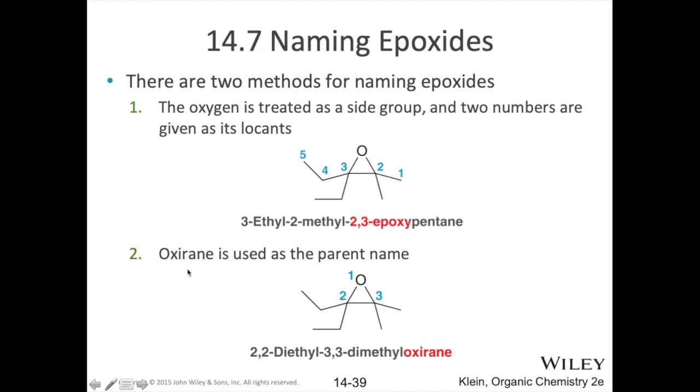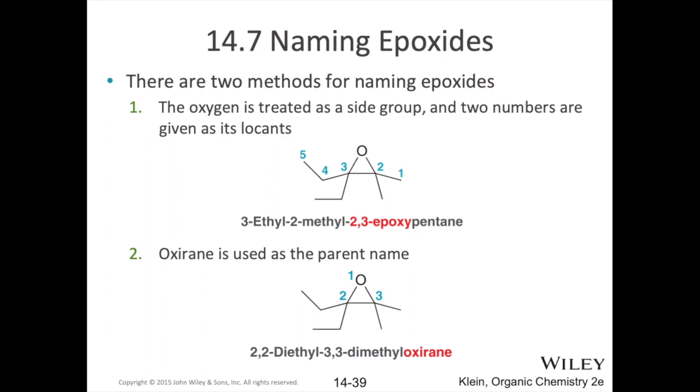Now, if we use oxirane, which remember is the proper name for epoxide, as our parent name, of course, that goes at the end of the name, and we treat everything else as substituents on that. Now, for assigning locants, the oxygen is given priority. That's the number one position. The other two carbons are 2 and 3 accordingly. Now, which one's 2 and which one's 3?